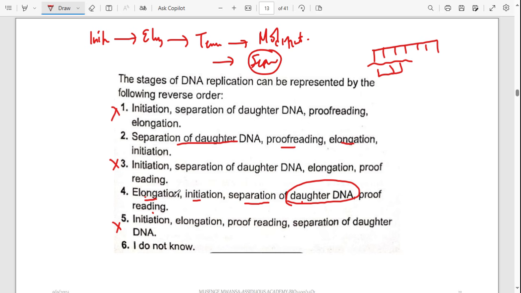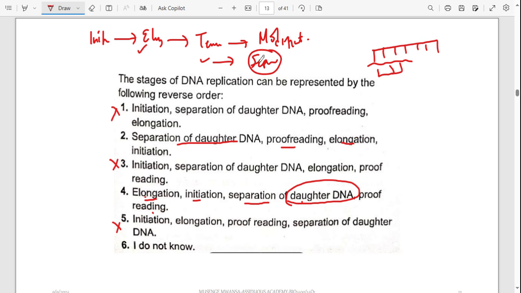So remember, we are going from the back. Proofreading is correcting mistakes. It can happen in elongation, and it can happen after you terminate the chain. It can basically happen anytime. So after termination or before termination, corrections can happen.